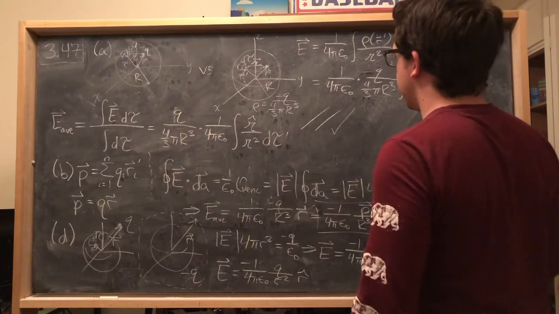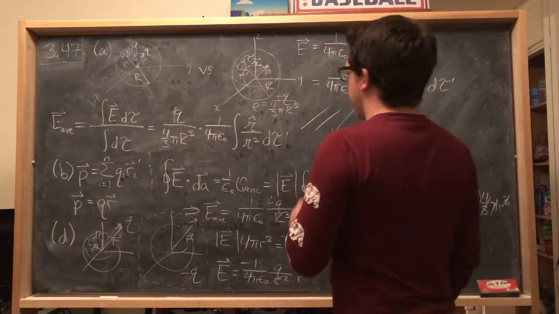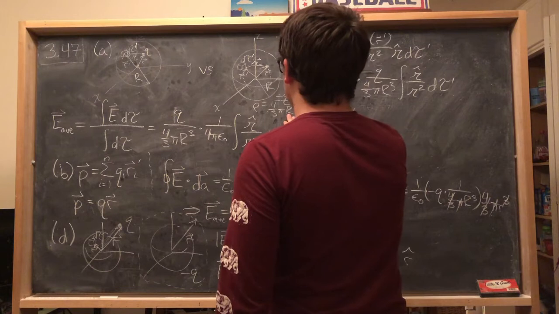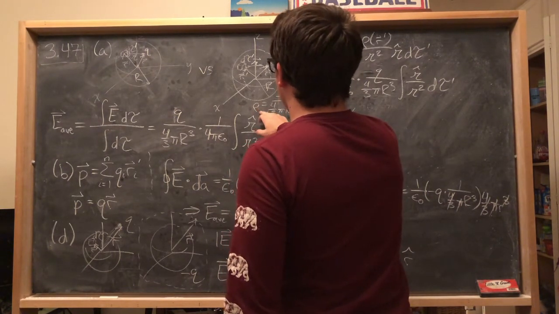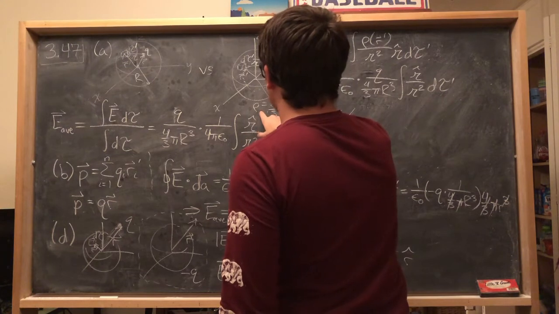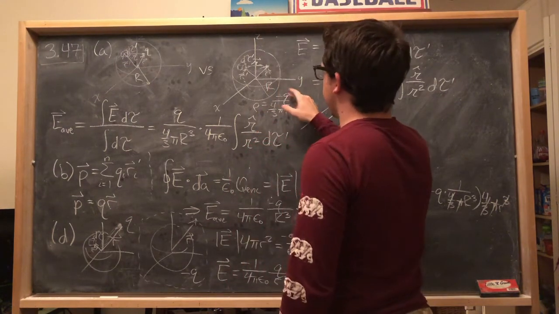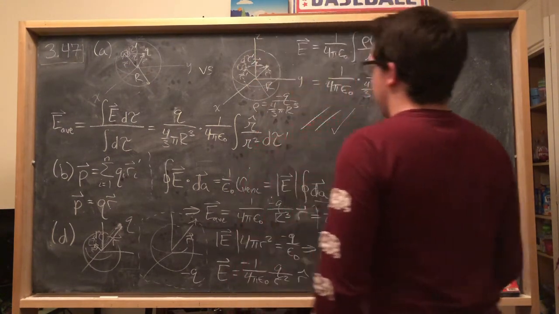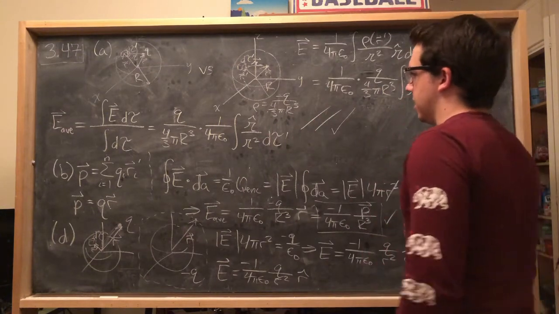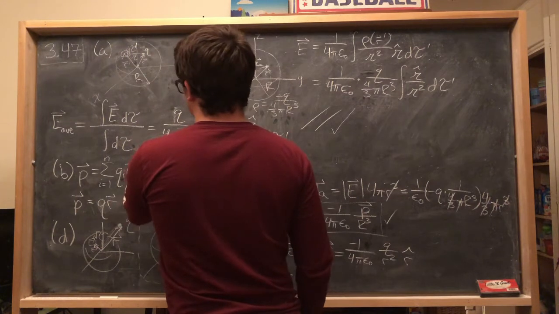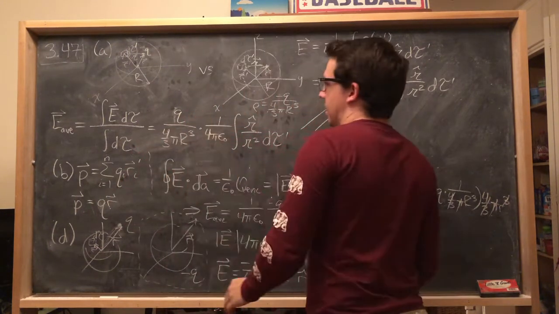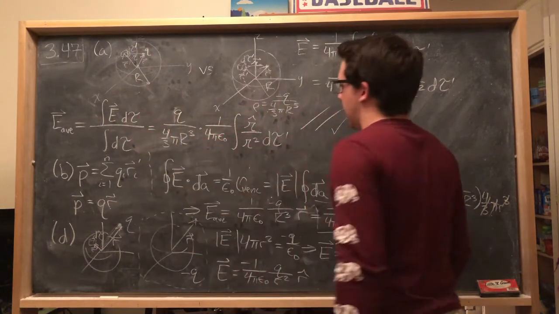It's just that in one case, the 4/3 pi r cubed is coming from our charge distribution, evenly dividing this negative q up through it, whereas the other one, where we're calculating the average, that 4/3 pi r cubed comes from just taking the average electric field over that volume.